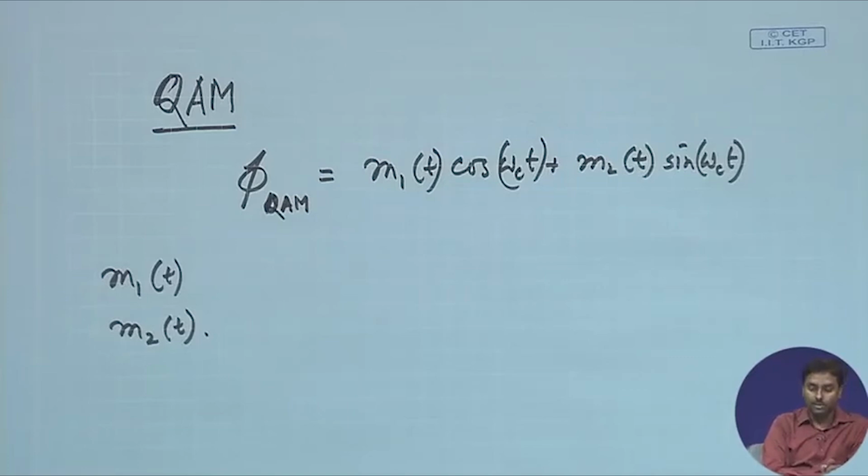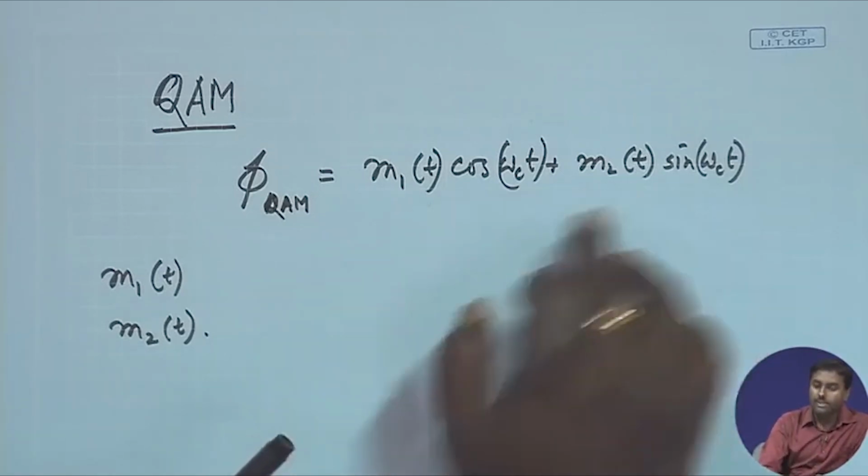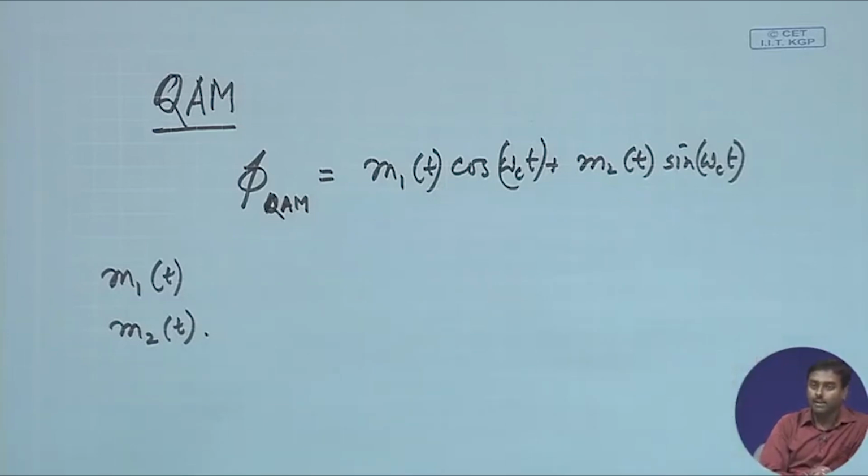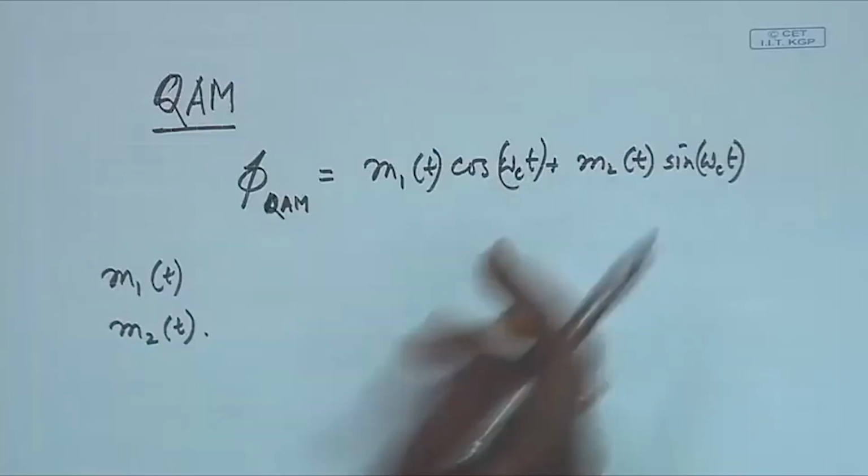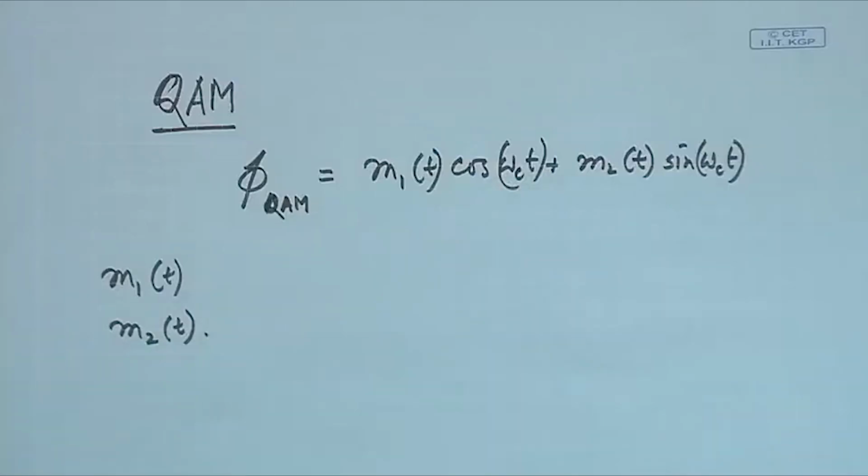Through this modulation, in QAM what we are targeting is, we wish to transmit two signals simultaneously. If you try to see the spectrum that it will be occupying, if I multiply by cos ωct, it will still have a similar spectrum shift.